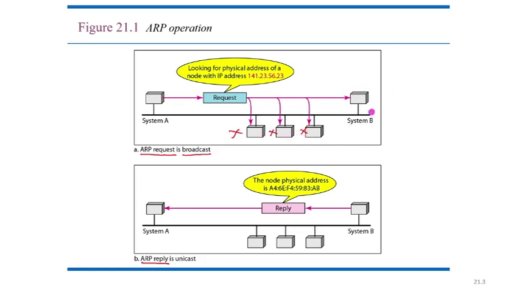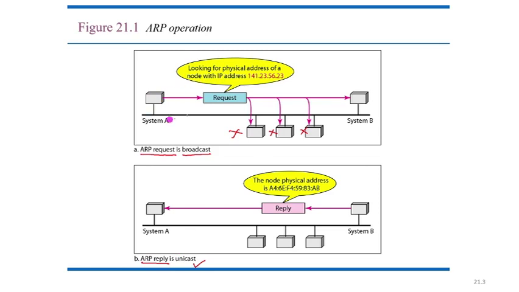Once it has received it, system B will reply directly to system A in the form of a unicast, because system B knows this request has come from system A. Okay, it will go directly to system A only.